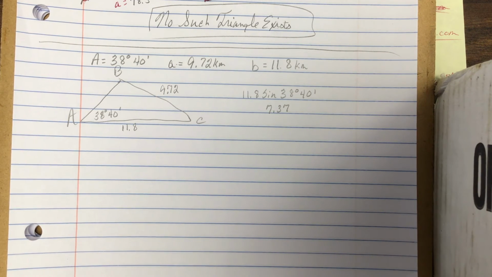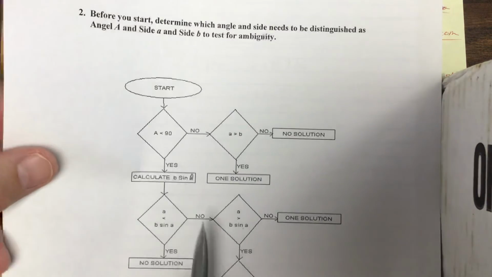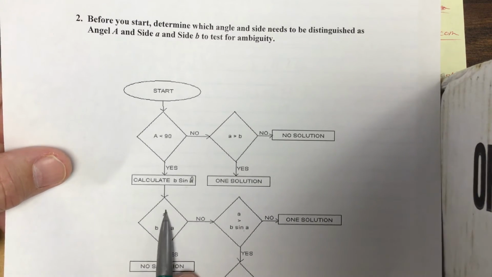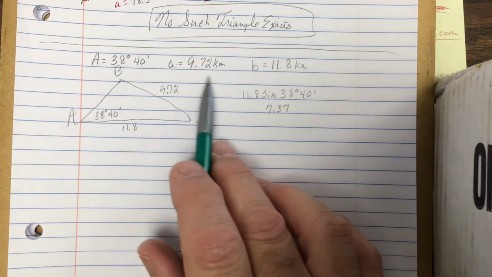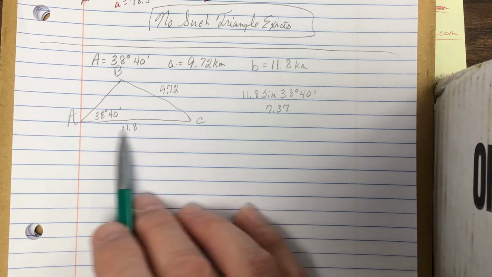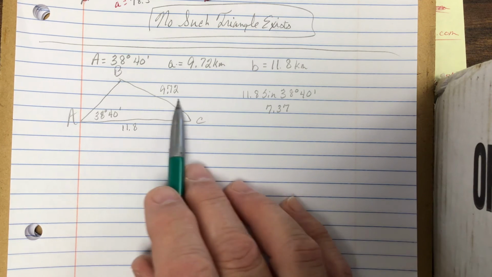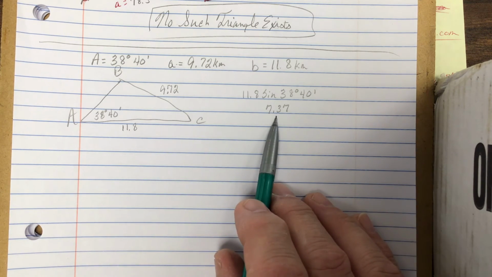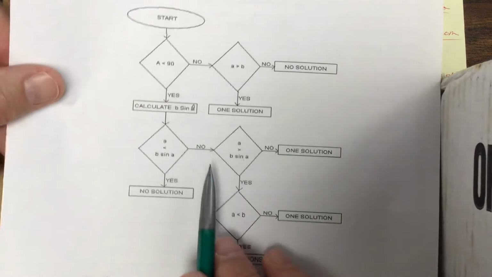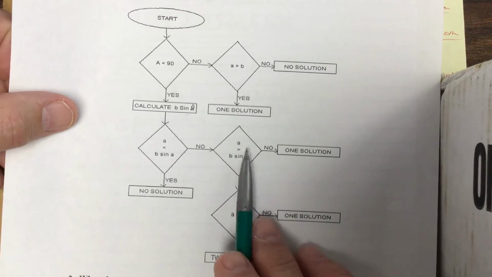So whenever I look at that, 7.37, my next question on my chart, I've calculated B sine A, is A less than B sine A? A is, whoops, got to go to my triangle. Well, it doesn't matter. 9.72, is that less than 7.37? The answer is no. So I'll come over here. Is A greater than B sine A?